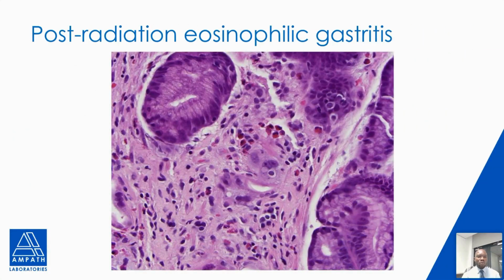In instances of post-radiation eosinophilic gastritis, we can see the lamina propria here with some eosinophils in the background. But what you are also seeing are atypical fibroblasts. There's also some background fibrosis, and there is some atypia of the epithelial cells. So in the appropriate context, even if the clinical history is not there, I will be calling the surgeon or gastroenterologist: has this patient been exposed to radiotherapy?